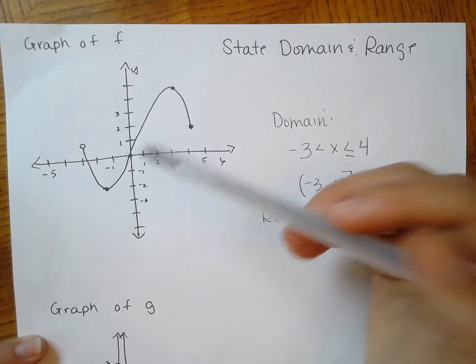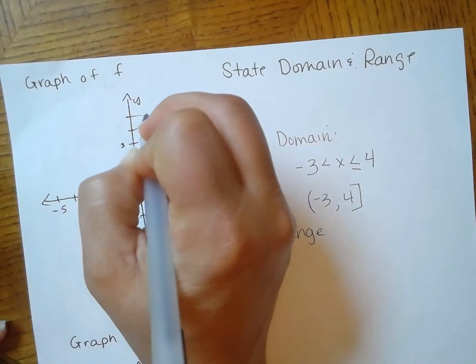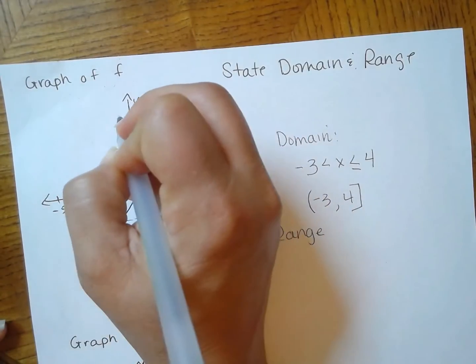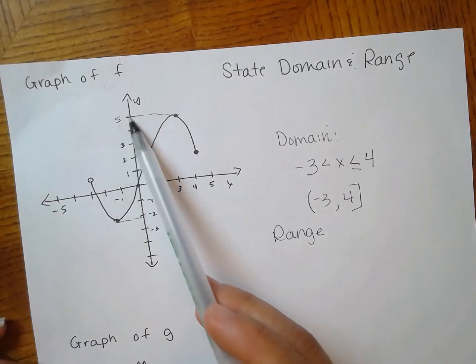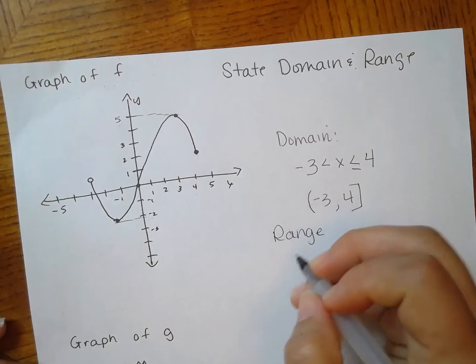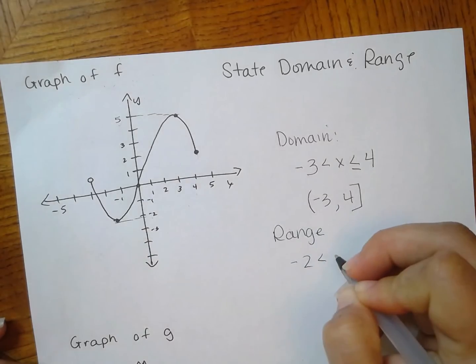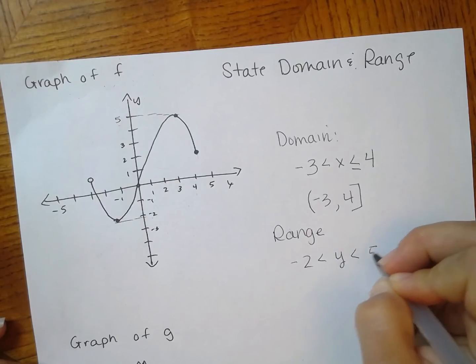But in this particular case, this is 5 up here. So I've got y values between -2 and 5. All my graph stays in between there. So I could write that -2 is less than or equal to y, is less than or equal to 5.